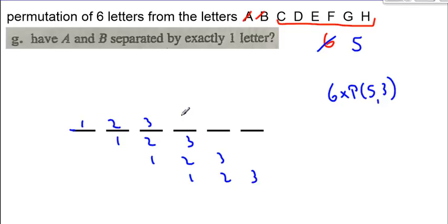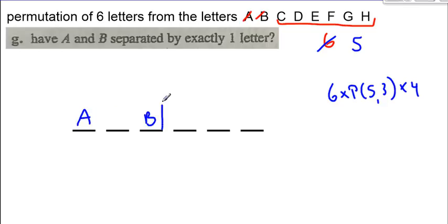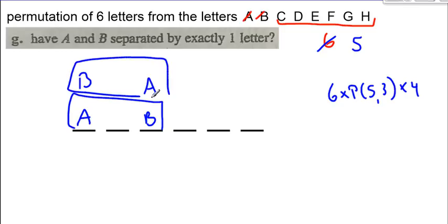So there's 1, 2, 3, 4 different locations that I could have put A blank B. But I'm not done, because the final thing we have to consider, just like in the last one, is that if I have A blank B, I could have also had B blank A, and I need to consider that. So I'm going to multiply by 2, or by 2 factorial if you want, to consider that all of the math that I did for A blank B would be repeated for B blank A. So there's lots of steps to this one. Hopefully they make sense. So when I multiply all of this stuff together, what do I get?